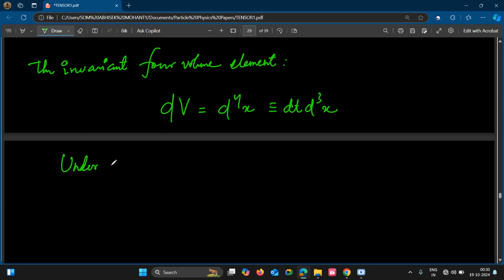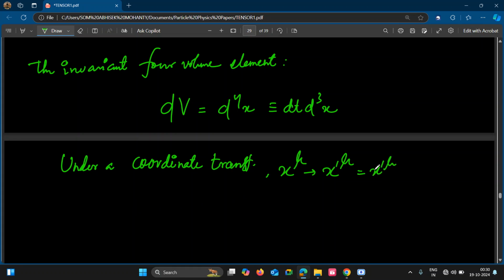Under a coordinate transformation, x^μ, if I transform x^μ to x'^μ, it will become x'^μ with x'^0, x'^1, x'^2, and x'^3, right?